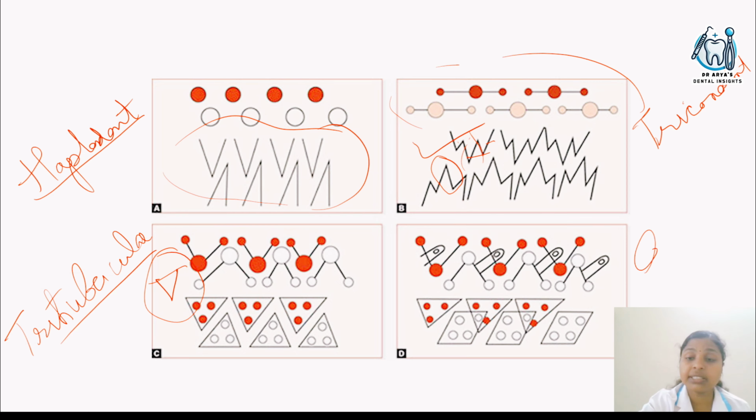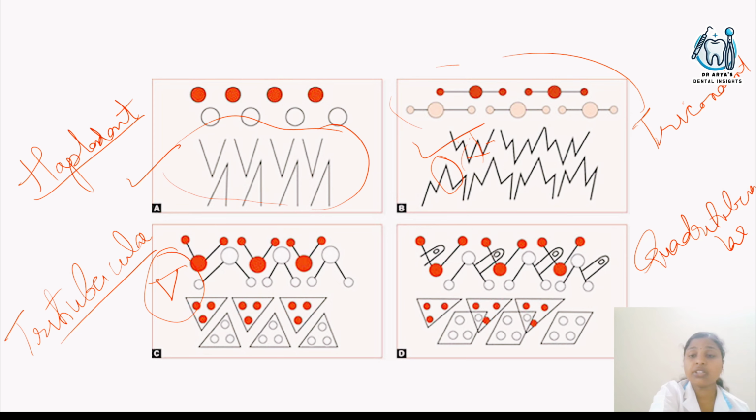And next is the quadritubercular class or arrangement. It reflects an occlusal contact relationship between teeth of upper and lower jaws. Articulation of jaws and teeth is consistent with the jaw movements and functions of these classes of teeth. So this is the quadritubercular molar form.